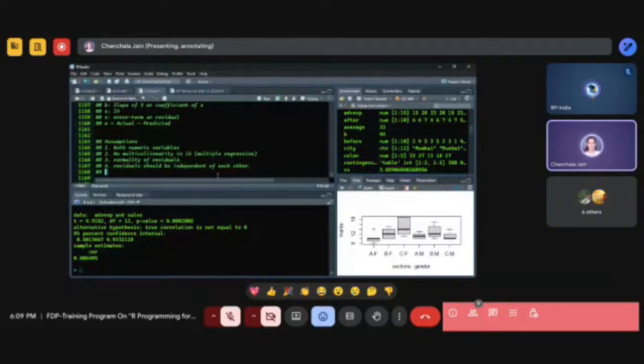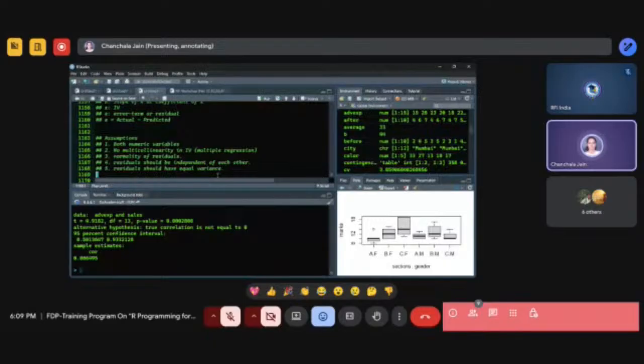The fifth says residuals should have equal variance, right? So these are some of the important assumptions which you need to check.